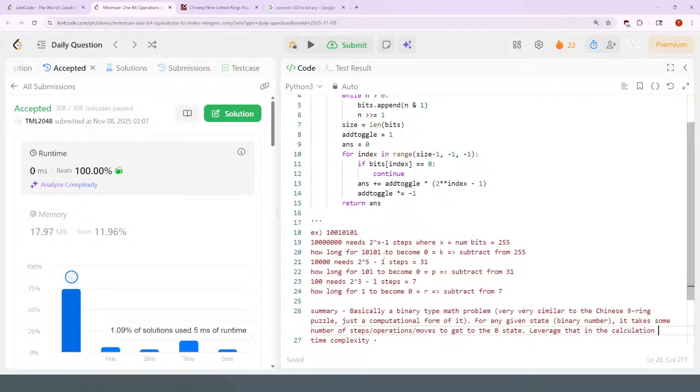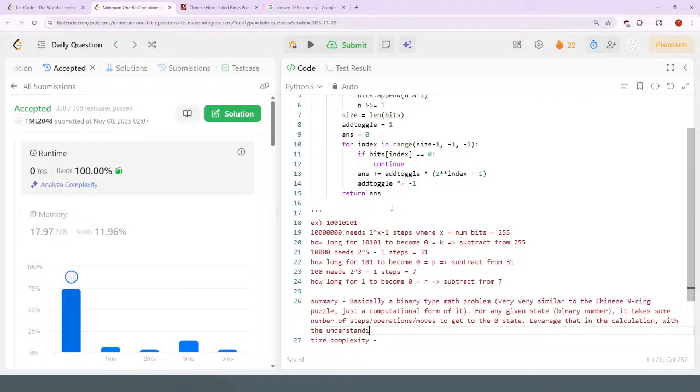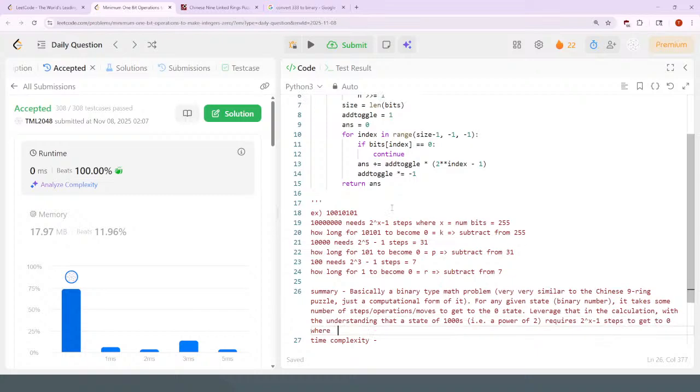So with the understanding that a state of 1 followed by a bunch of zeros, i.e. a power of 2, requires 2 to the x minus 1 moves to get to 0, where x is the number of bits in that state.